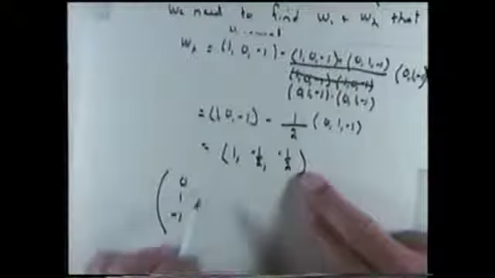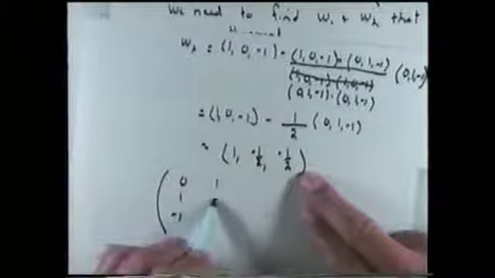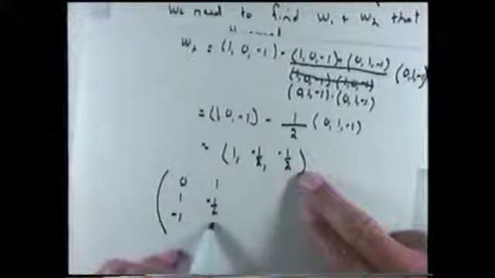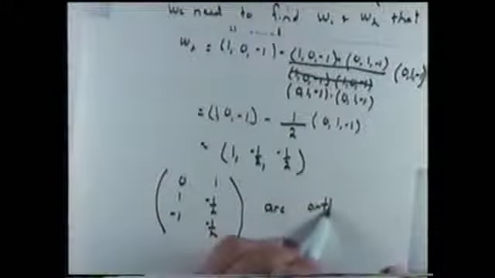So this tells me that W1, which is (0, 1, -1), and W2, (1, -1/2, -1/2), are orthogonal.